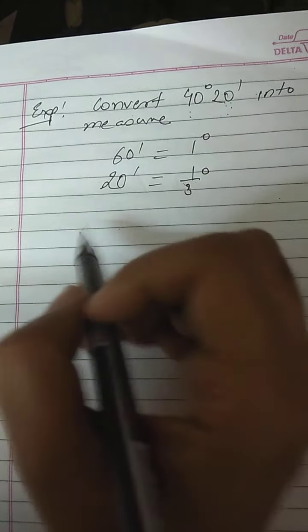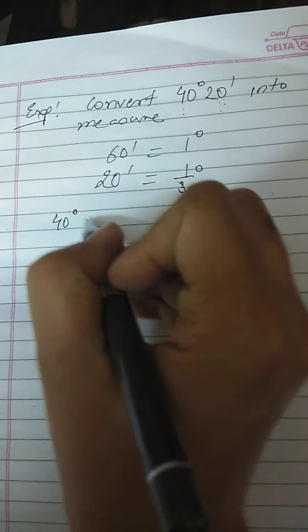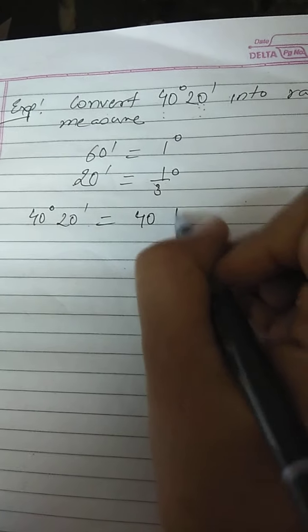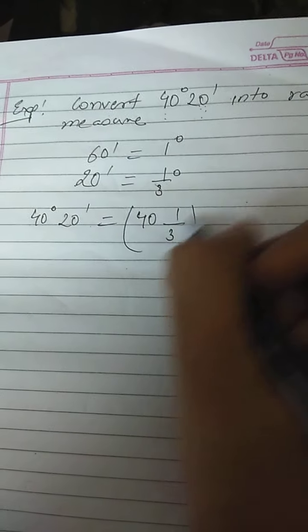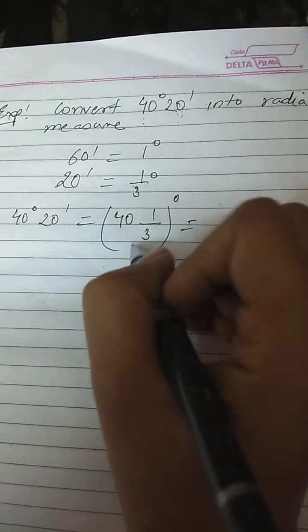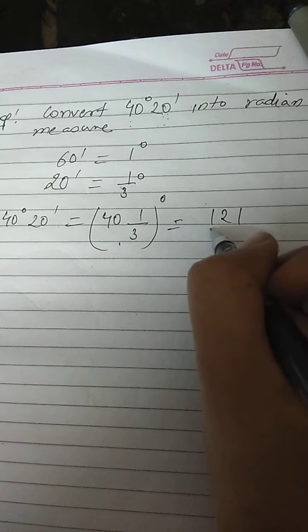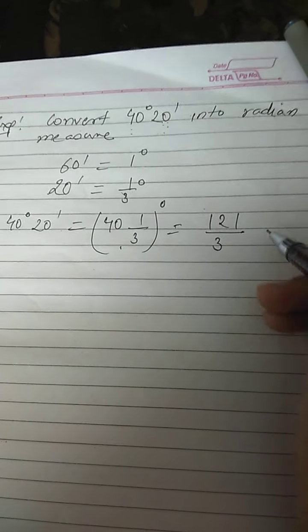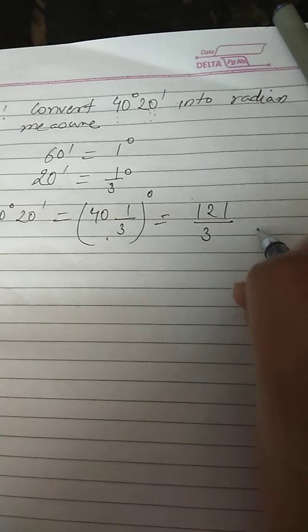So 40 degrees and 20 minutes will be 40 and 1 by 3 degrees, which is 121 by 3 degrees.